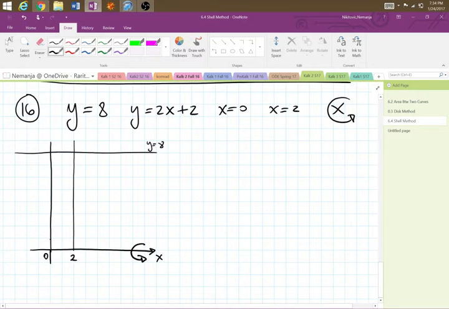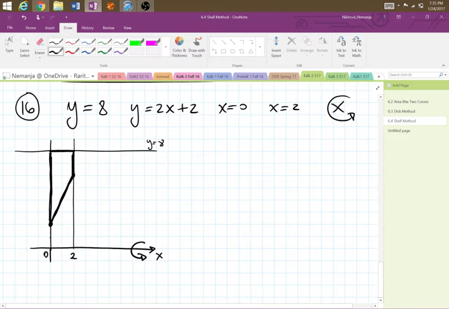I have x equals 0, and I also have 2x plus 2. The slope is 2 over 1, so it goes right there. Now, the function has to touch y equals 8, so it has to be this piece here, the trapezoid, right here.